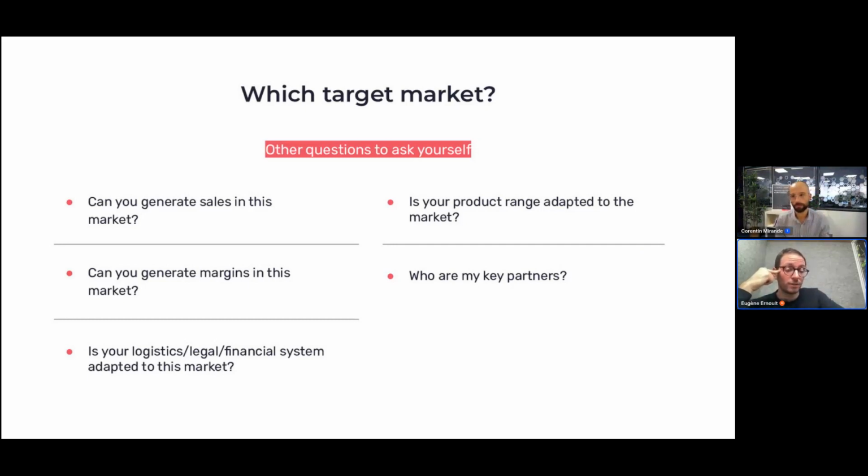Of course, if your product needs to be adapted to enter a new country, it's not the same as a SaaS solution that can be sold and used everywhere in the world the same way.